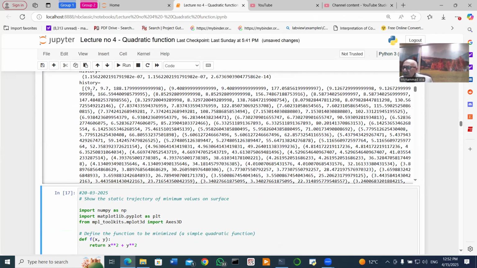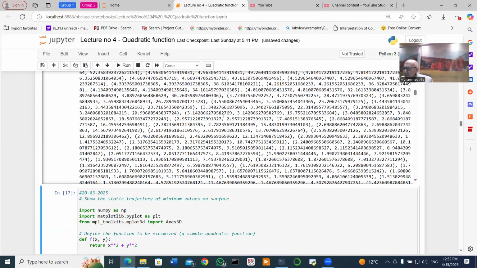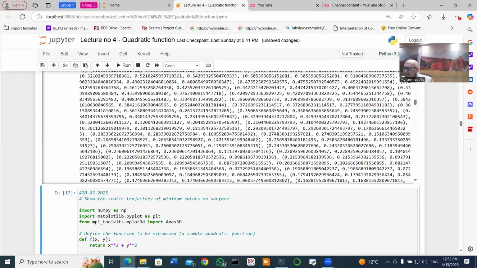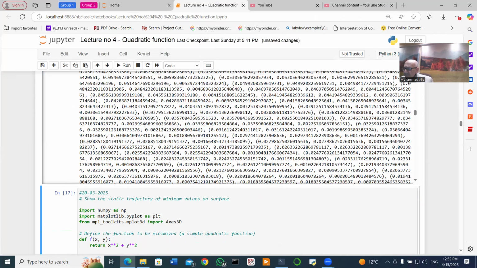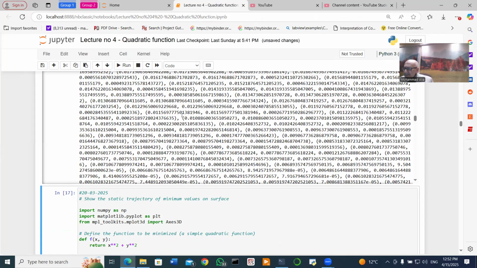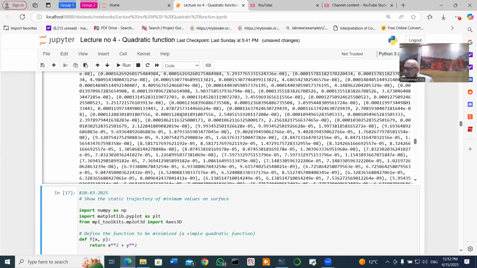Look, these are the values as you see: x, y, function of xy, x, y, function of xy. And you go there 600 times. And the last one, which I have showed you before, is this one at the end.